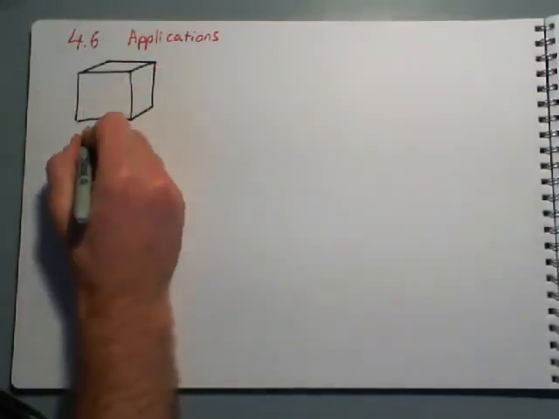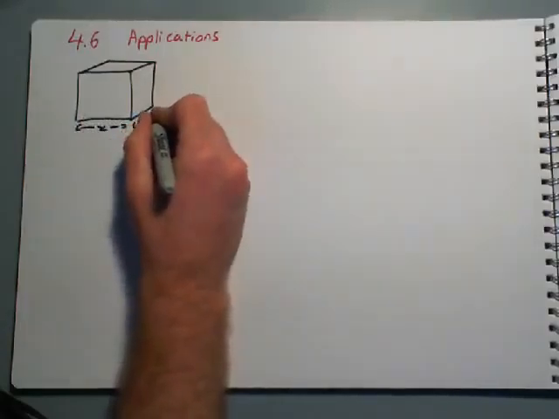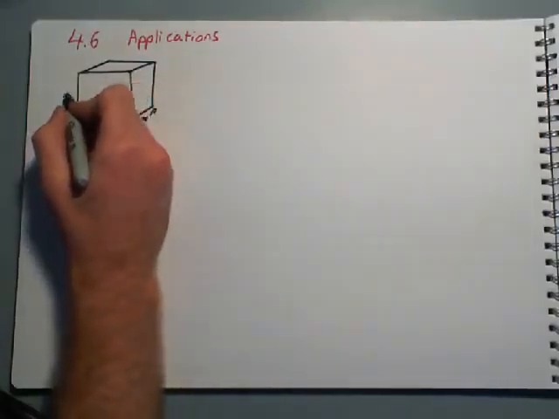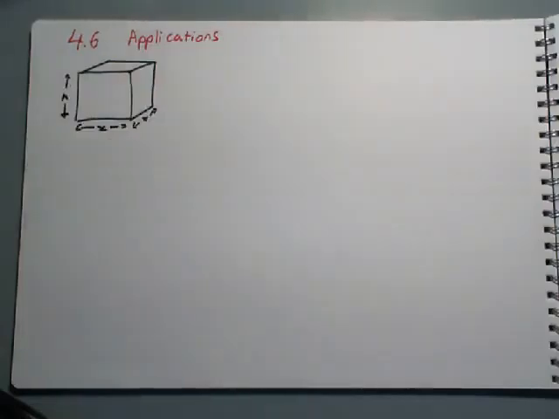Now dimensions, we've got x along here. x is going to be the same because it's a square base. And we've got h for our height. Pretty standard. So what we want to do is express h in terms of x. That's our first part.